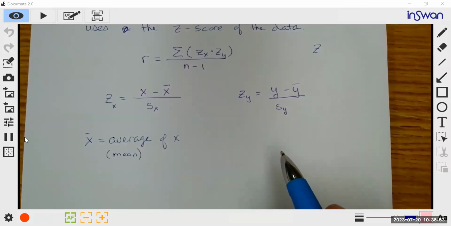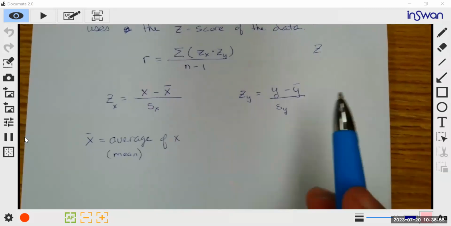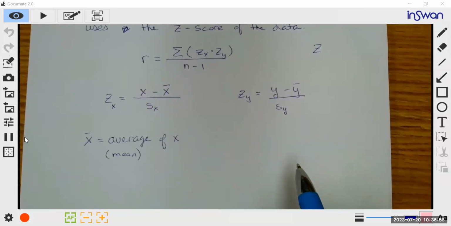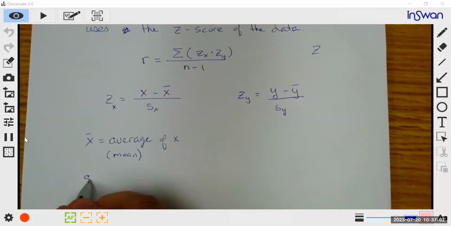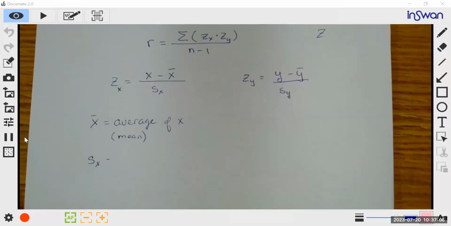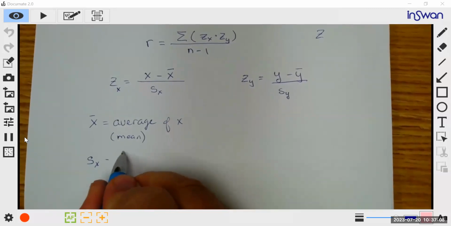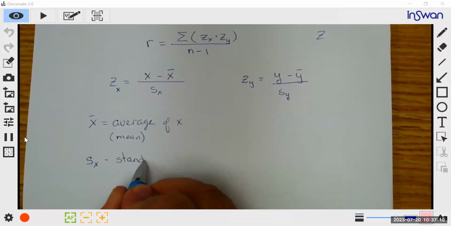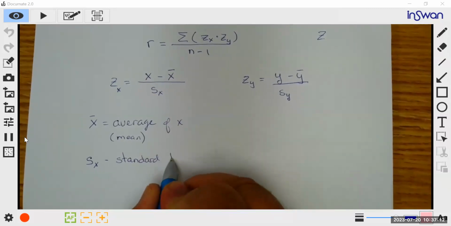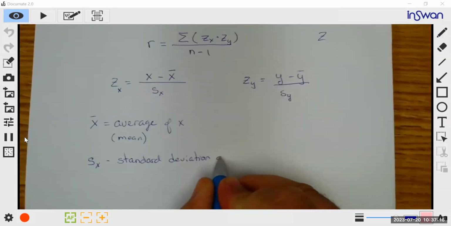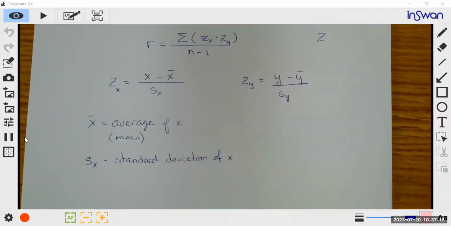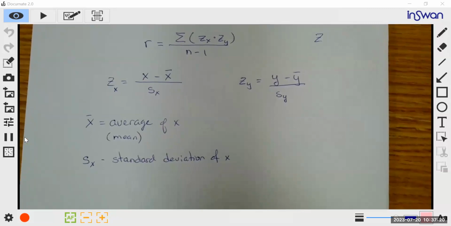Add up all your data, all your x's, and divide by how many you have. Again, that's super easy. S sub x is the standard deviation of x, and s sub y is the standard deviation of y.